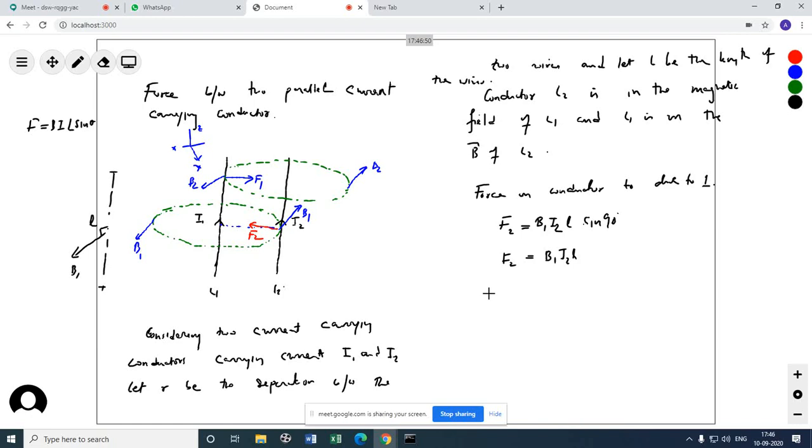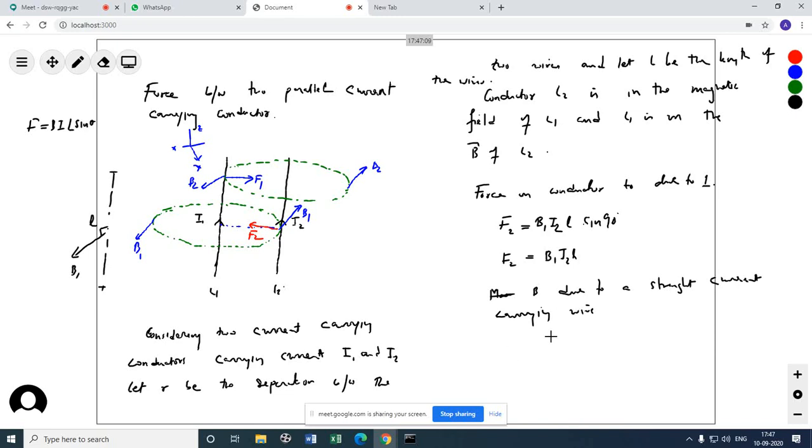Okay? Now the magnetic field B due to a straight current carrying wire, we have done this. What do you think it would be?